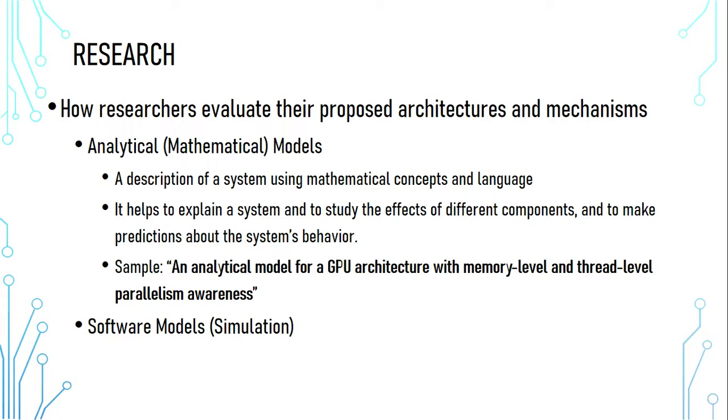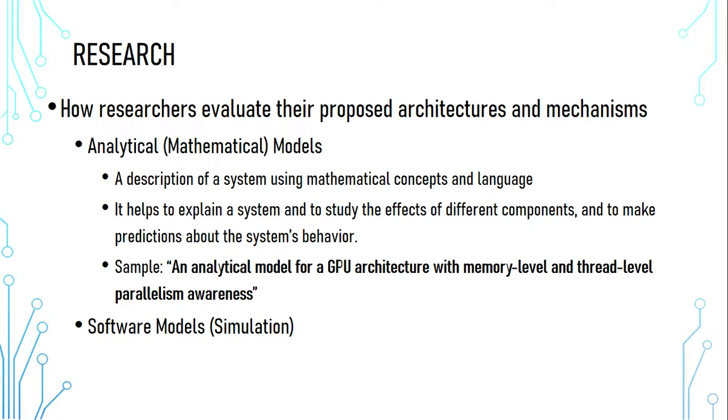For example, the paper "An Analytical Model for GPU Architecture with Memory-level and Thread-level Parallelism Awareness" presents an analytical model to predict the performance of general-purpose applications on a graphics processing unit. Also, there are many performance and power analytical models proposed in academia. You can find tons of them just by doing a simple Google search.